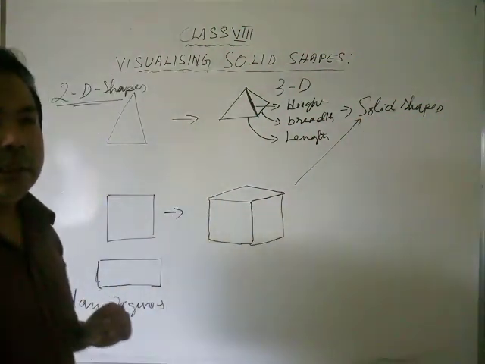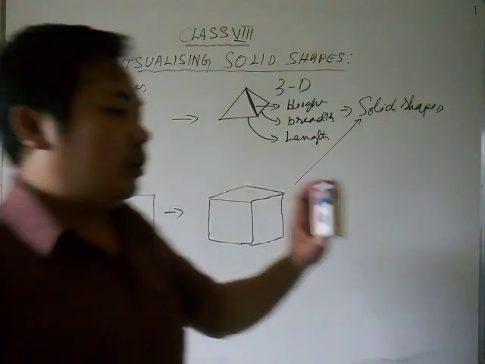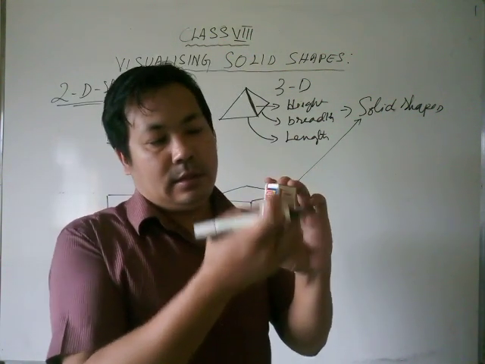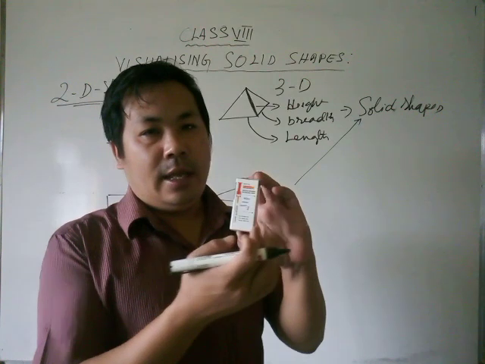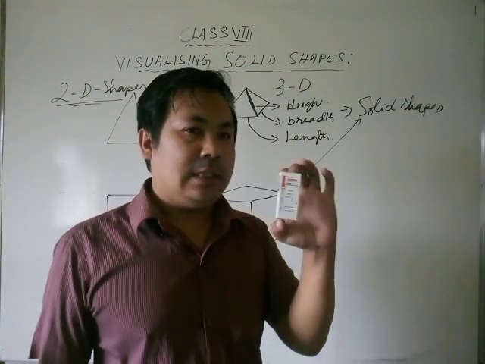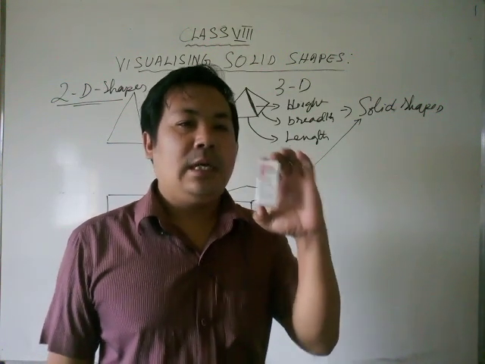The 3D shapes are called solid shapes. For example, you can see this box. In this box, you can see the height, length, and breadth. The box is a 3D shape.